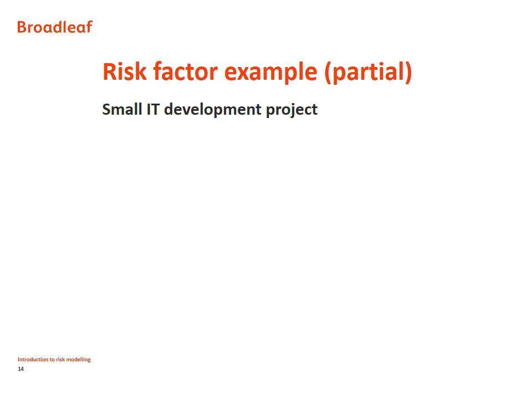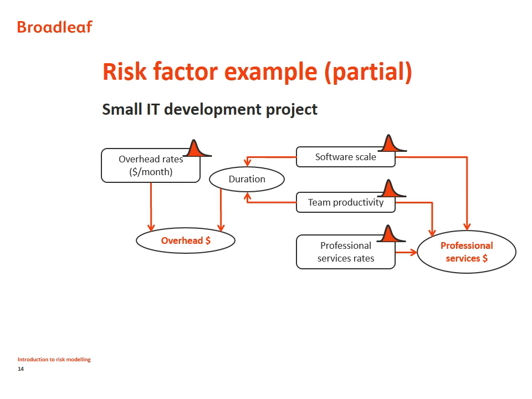This is an illustration of parts of a risk factor model for a small IT project. The overhead costs are subject to uncertainty about the running rate of the cost in dollars per month and about the duration. The duration itself is subject to uncertainty about the scale of the software and about the productivity of the team developing it.